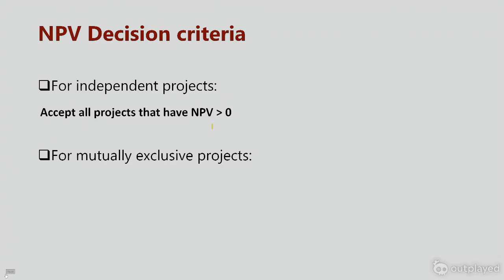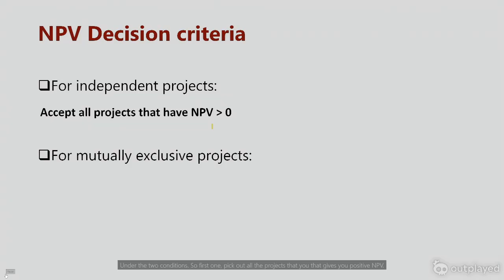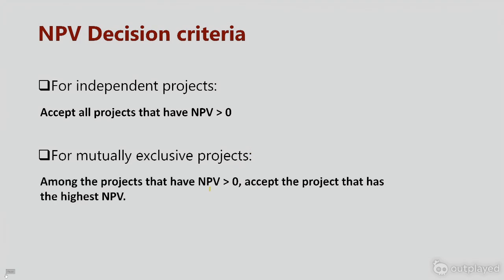Whereas if the projects are mutually exclusive, then under two conditions: first, pick out all the projects that give you positive NPV, the same rule as here; then from those projects with positive NPV, pick the highest, because now we are talking about projects that are mutually exclusive.